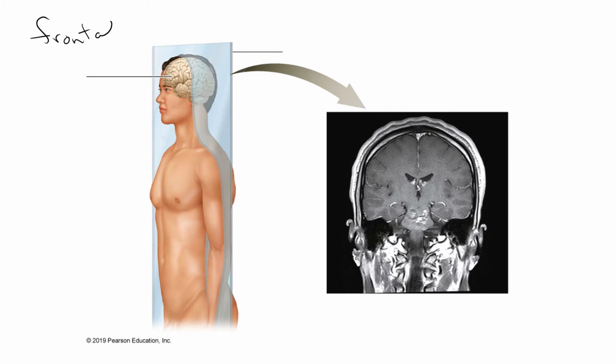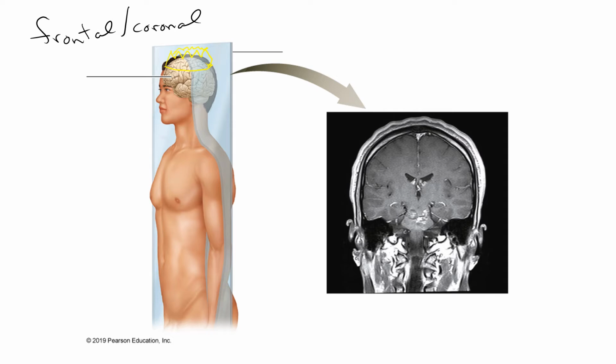Next slide. And on this slide, we see a frontal section. It's also called a coronal section because we have a crown. This is where your crown sits. There's your little crown.